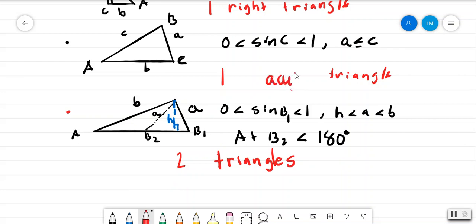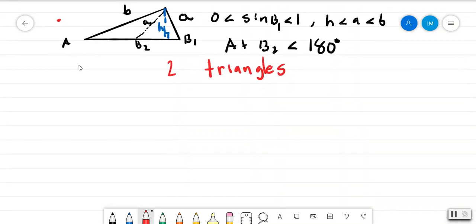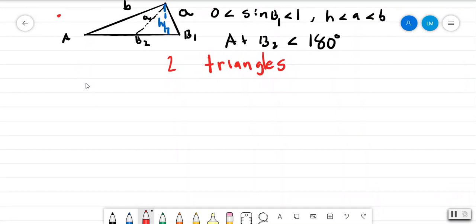Yeah, that should be an acute triangle. But I'm not all for classification, really. As long as you know how to solve it, then that should be okay. So let me just do one example of finding the case of two triangles, because whenever you have no triangles or one triangle, that's pretty straightforward, that it just has to meet those above conditions.